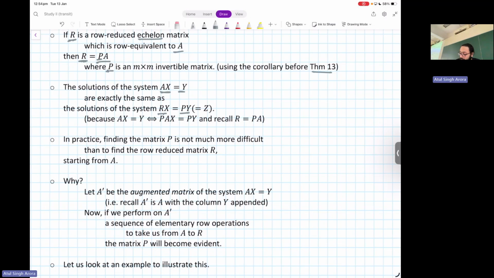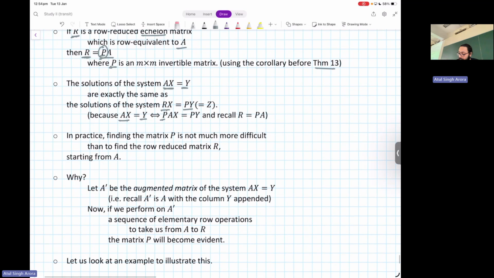And that is because you have Ax equals y, and this P is an invertible matrix. So we can multiply both sides, and if you have an x satisfying the right hand side, it will also satisfy the left hand side. You can always multiply by P inverse and return to the previous equation, which will be true, because it's true for all x's. Okay.